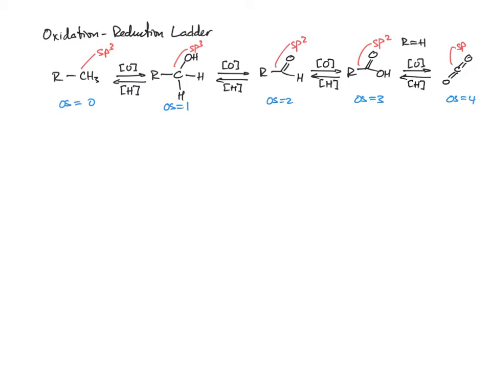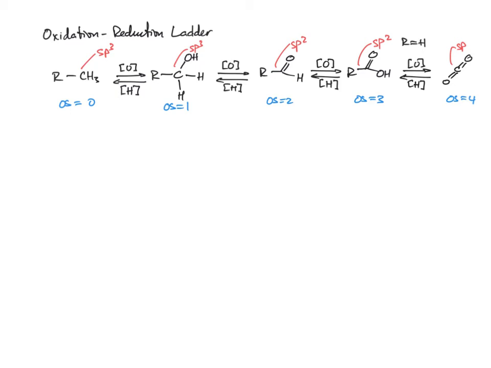So we're going to spend a lot of time this semester looking at this oxidation reduction ladder. So conceptually, if you understand this, what we are going to spend time on is looking at reaction conditions at each stage which affect these functional group transformations. So let's go ahead and start looking at first some reduction conditions.